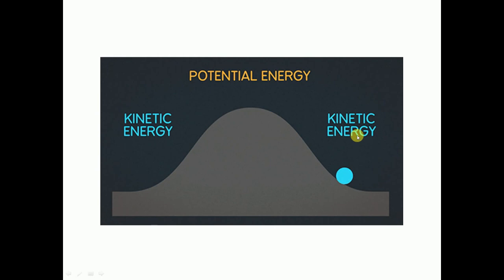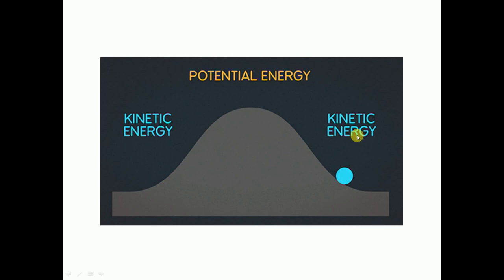When the ball is at one position doing no motion, then you can say the ball has potential energy. For example, if you are sitting in one place for one hour, the energy possessed by your body is potential energy.